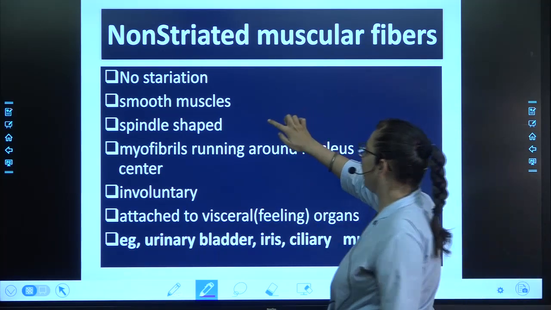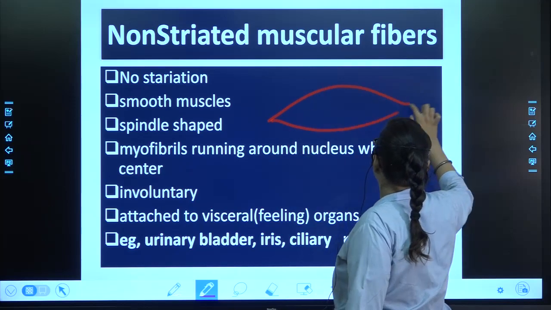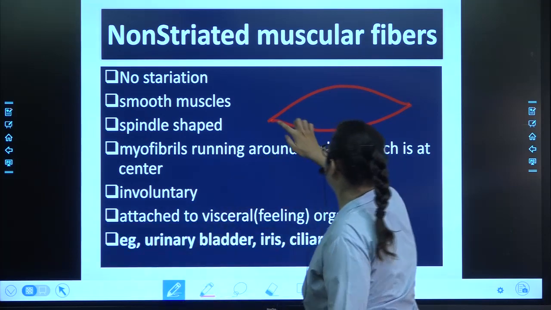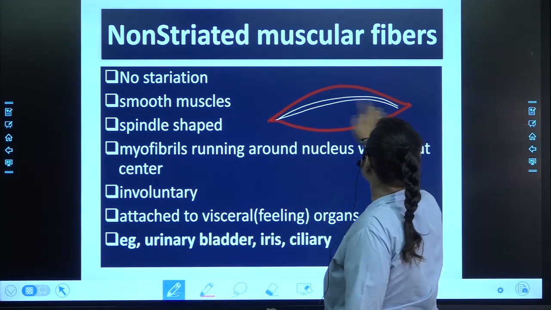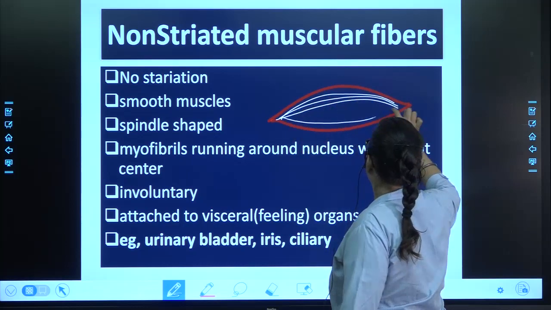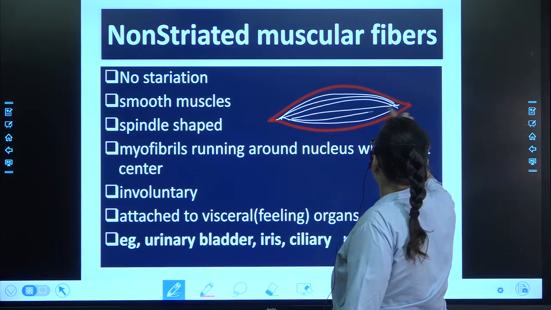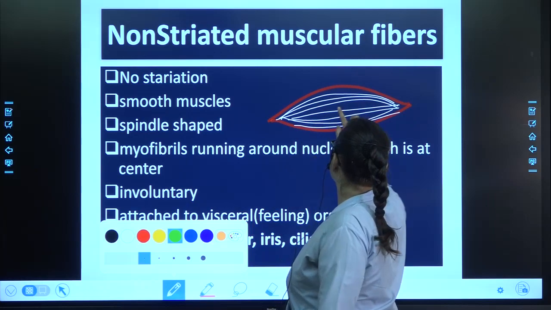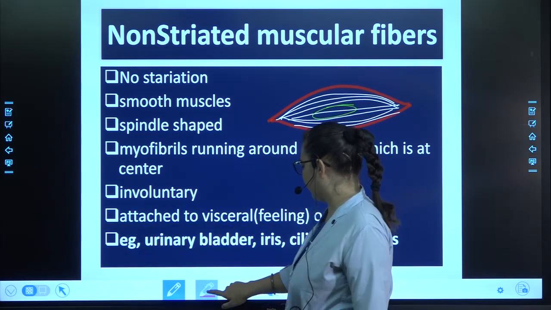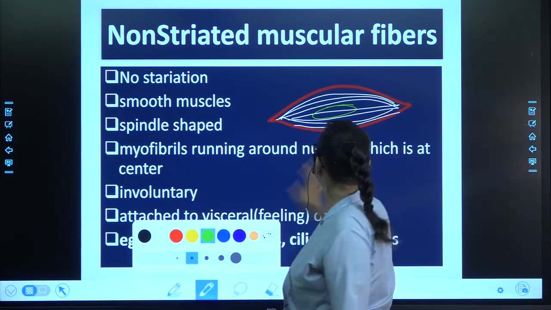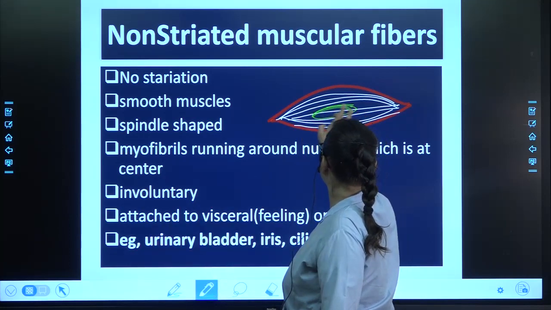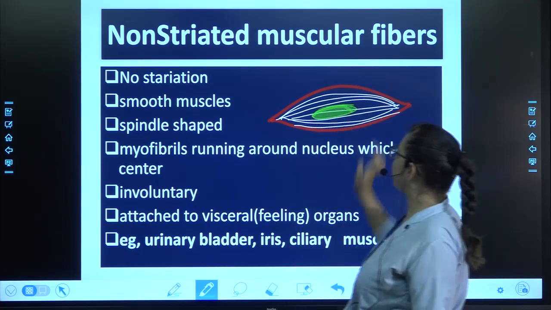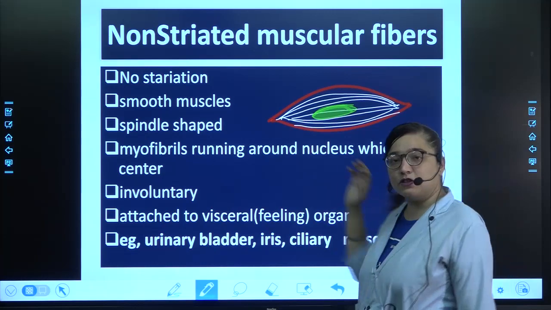Moreover, you might have seen that the myofibrils are running over here longitudinally, and moreover there is one nucleus present in between. So somewhat like this, okay. That is what you have to keep in your mind.